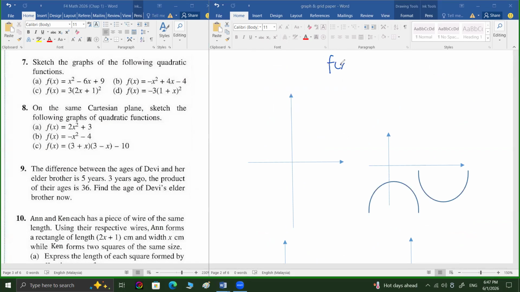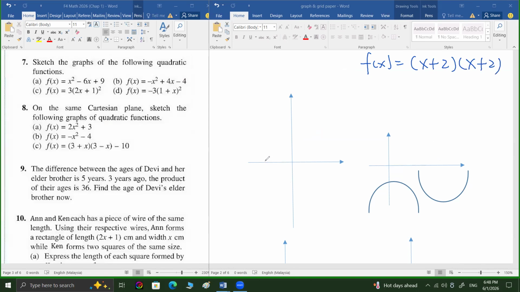If I give you f(x) is 2x squared plus 1, cannot be factorized. So you just sketch like this. Done. Okay, if it's negative, you go down. Now, this one cannot be factorized, we move up, down. So what about the can be factorized one? Can be factorized. After you factorize, maybe you got the same thing.